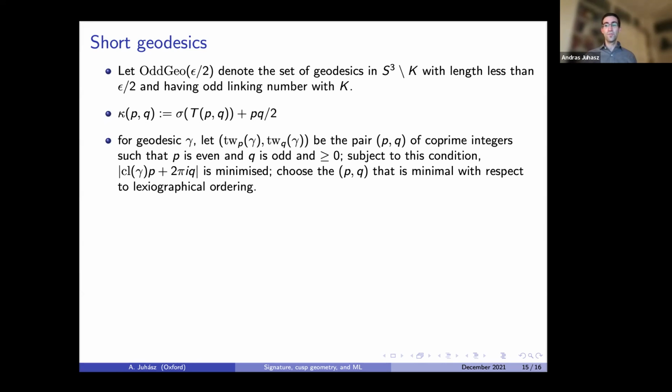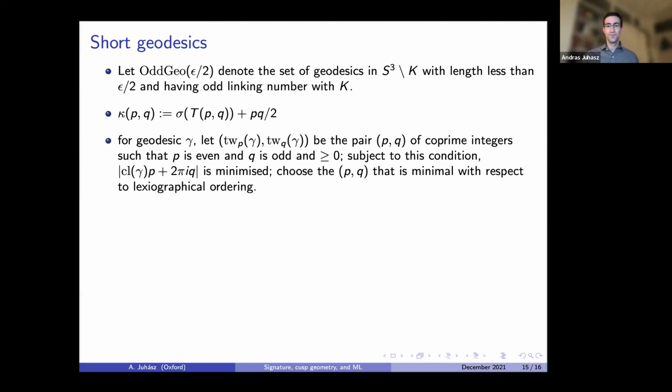It's a pair of coprime integers p and q such that p is even, q is odd and non-negative, and subject to this condition, the quantity the complex length of gamma times p plus 2 pi i times q is minimized, where the complex length of gamma has real part the actual length, and the imaginary part measures the twisting around the geodesic.